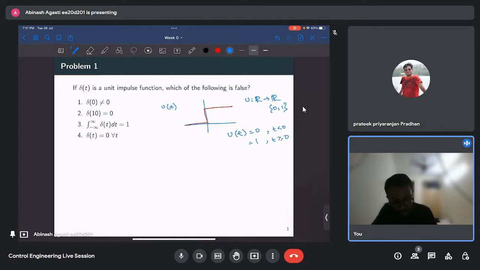Now to define the unit impulse, we want to get something that acts as the derivative of the step function. So we can consider, say, a step function u delta t, which is defined in a manner as such.